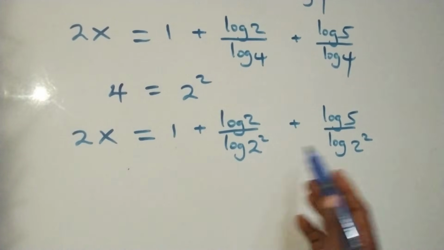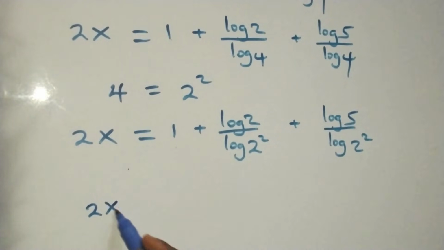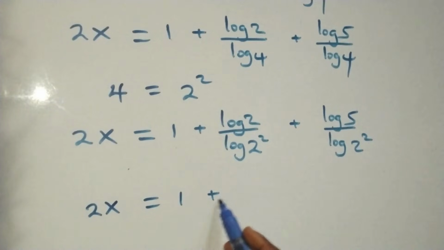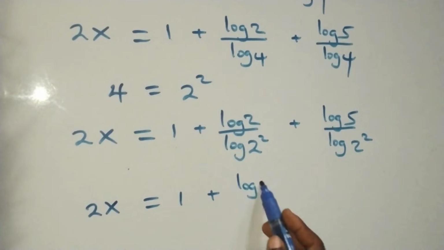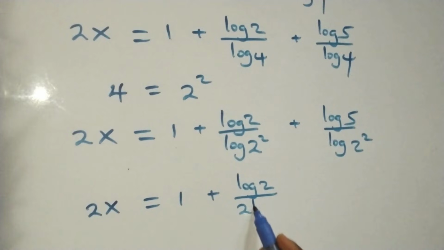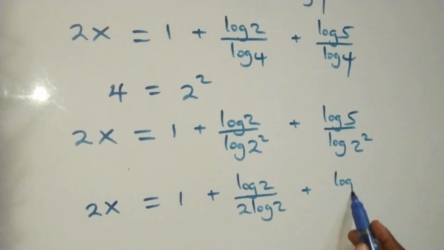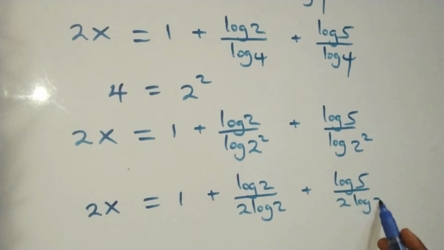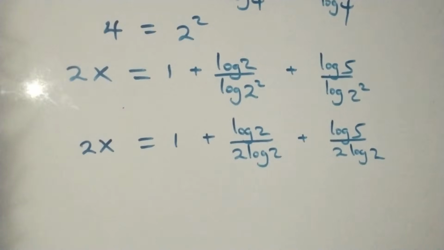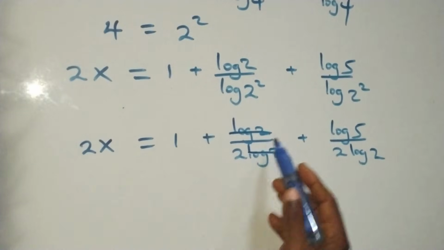Then from here, we apply the power law of logarithm. 2 comes here and also here. This becomes 2x equals 1 plus log 2 over 2 log 2 plus log 5 over 2 log 2, which implies log 2 cancelled each other here.